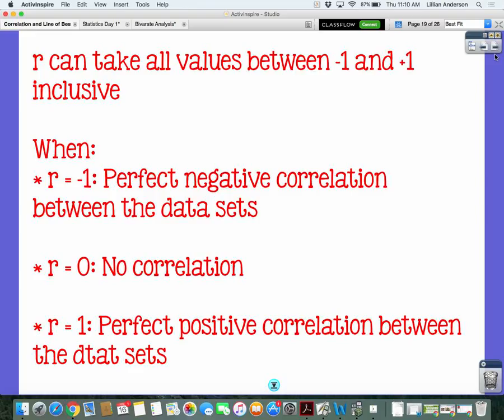That basically means that if we were to draw the line of best fit, all the points of the data would go on that line perfectly. If r equals 0, that means there's no correlation at all. And if r equals 1, that means we have a perfect positive correlation between the data sets, okay?